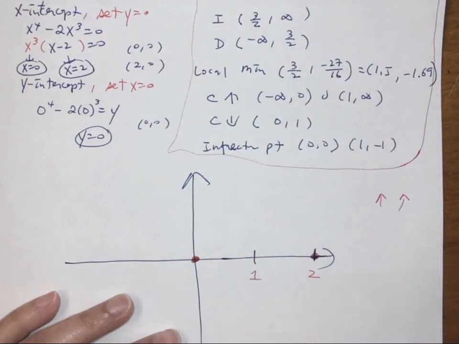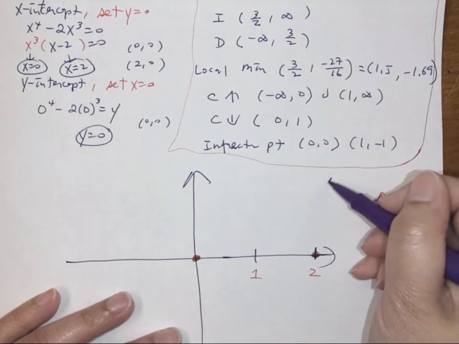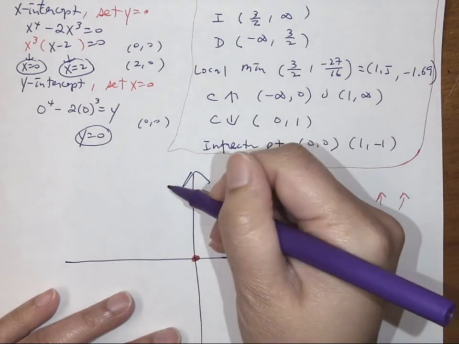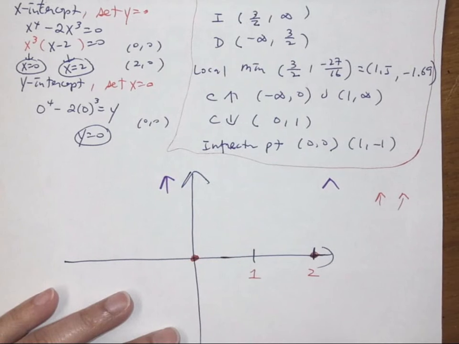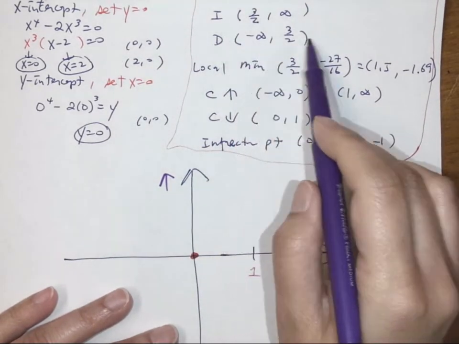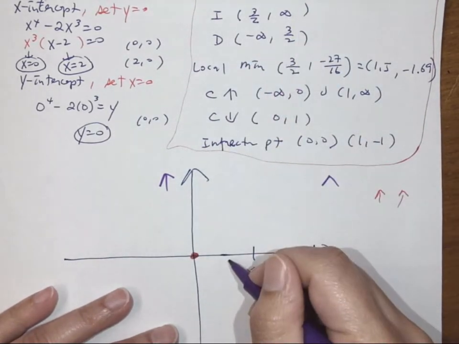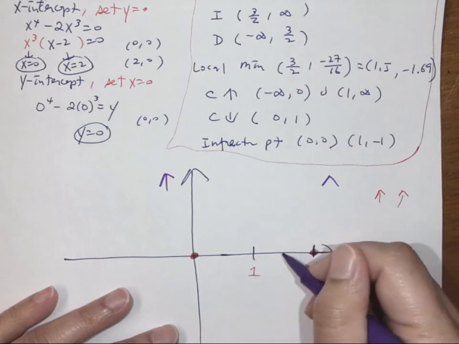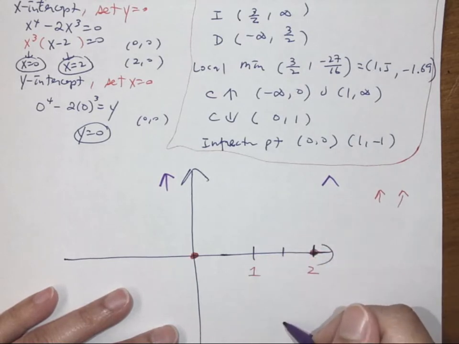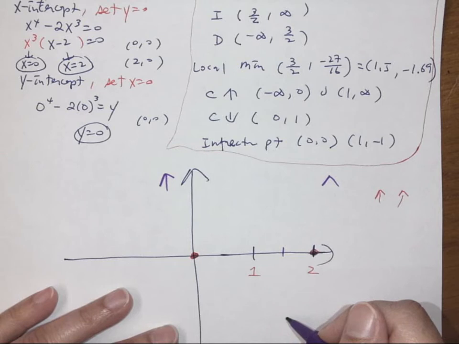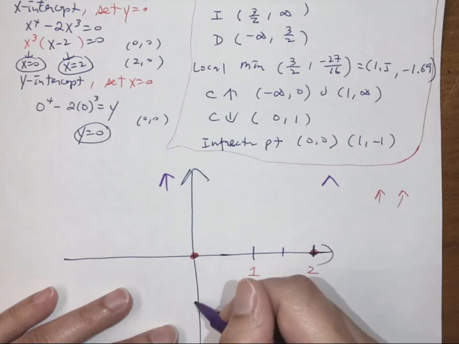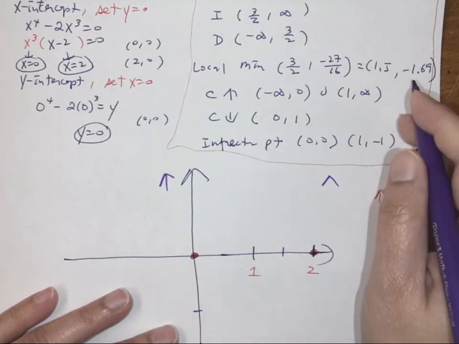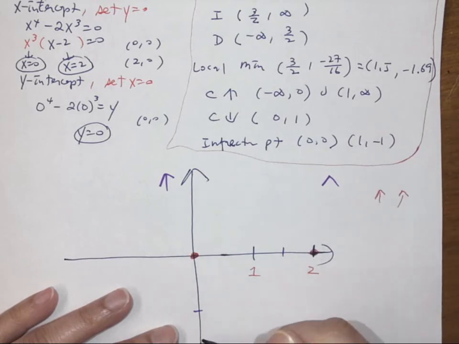I know one side is going to be up here and one side is going to be up here. And I know I'm supposed to go decreasing until 1.5. So 1.5 about here. And the other number is negative 1.69. It's about here. So I have a point here somehow.